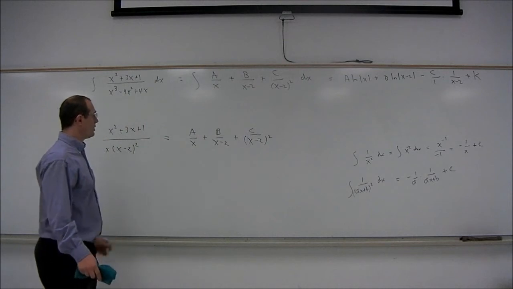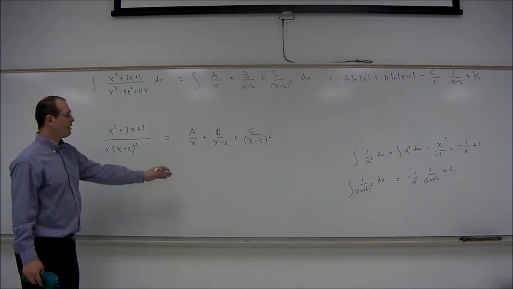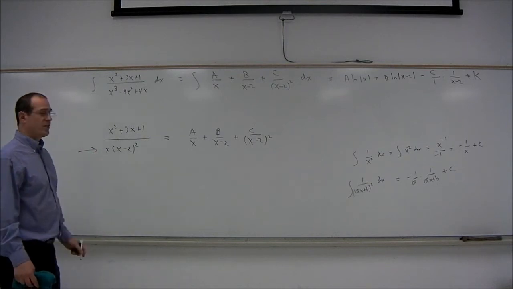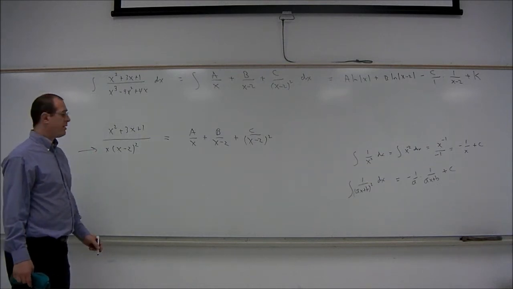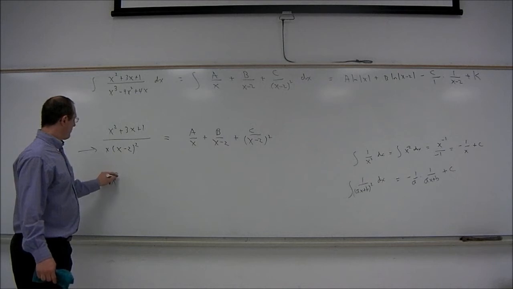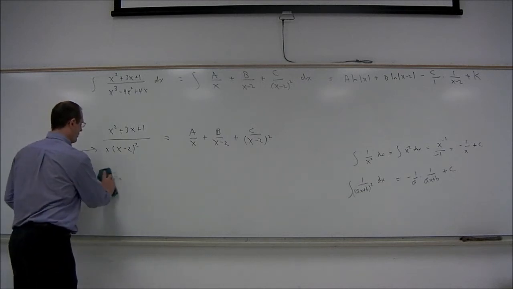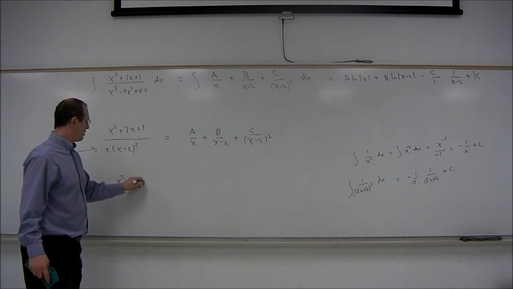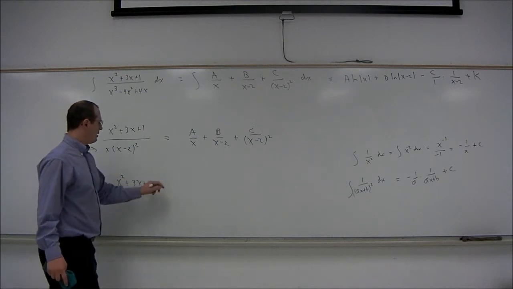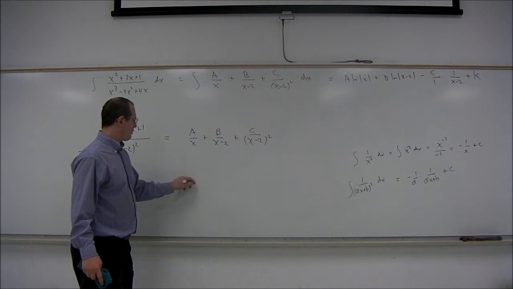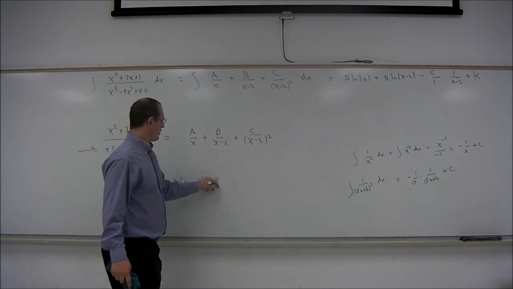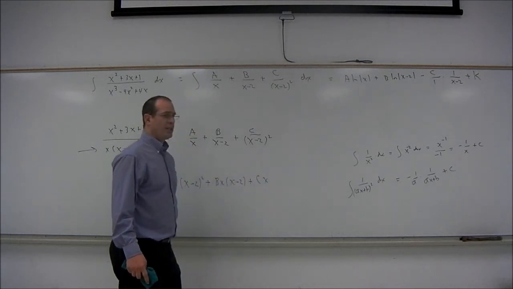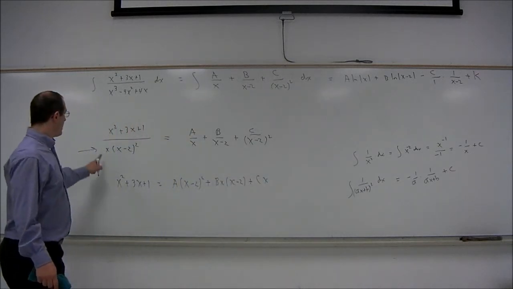Now clear the equation of fractions by multiplying both sides by x times x minus 2 squared. We get x squared plus 3x plus 1 on the left side, and on the right side, A times x minus 2 squared plus B times x minus 2 plus C times x.